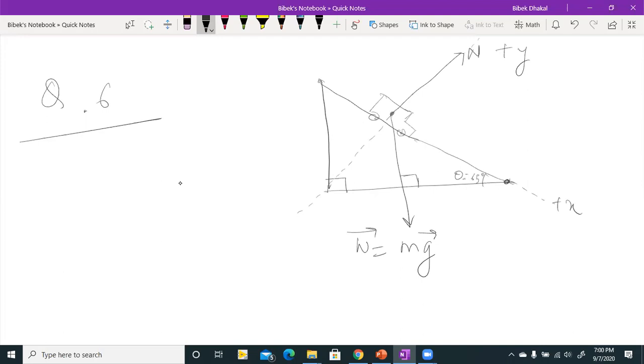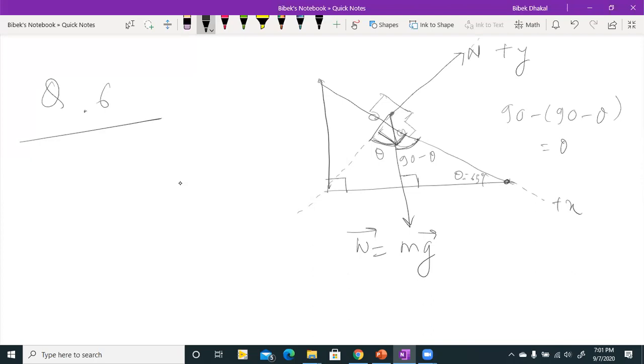If this angle is theta, this will be 90 minus theta. And since this angle is 90 degrees, this small portion will be 90 minus (90 minus theta), which gives you theta.